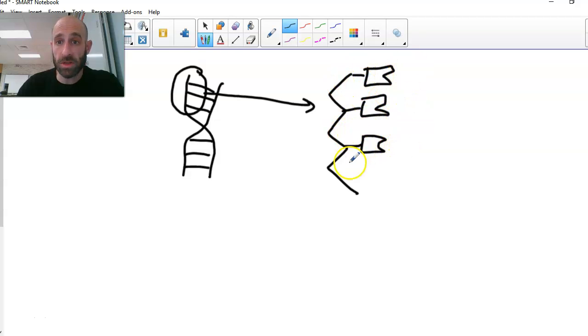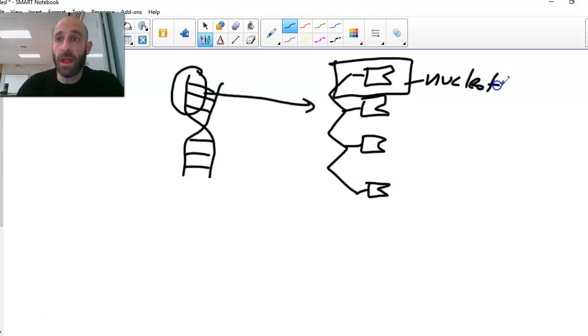So I just want to make sure we understand what's going on here. So this would be like half of that ladder, right? So each one of these, this is a nucleotide. And then if I combine a bunch of nucleotides together, I get a nucleic acid. So each one of these rungs of the ladder is a nucleotide. So those are the subunits which form together to make up a nucleic acid.